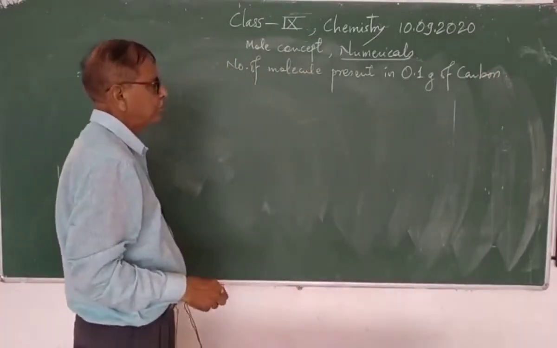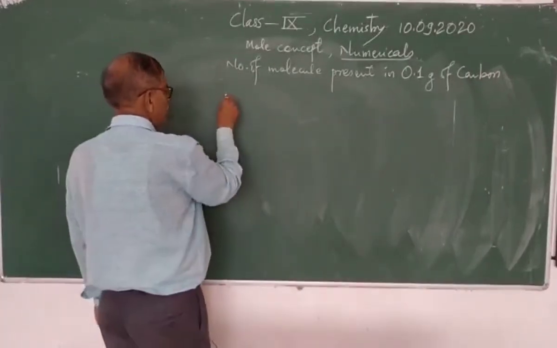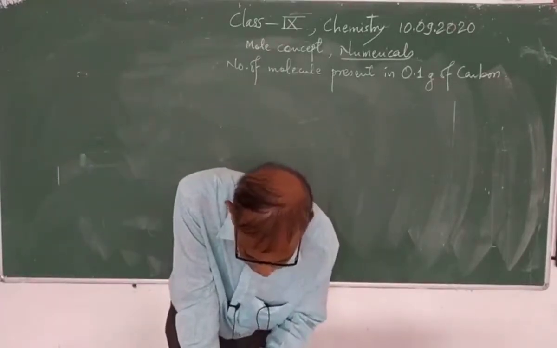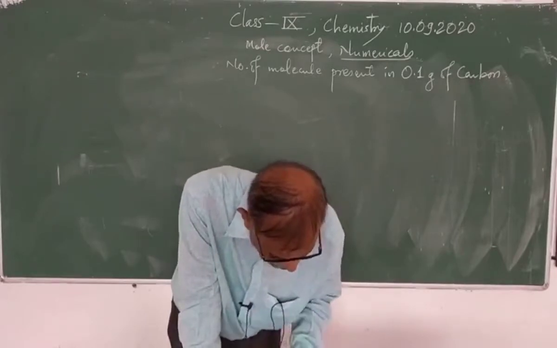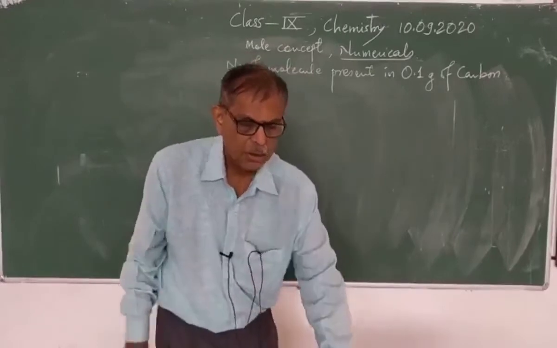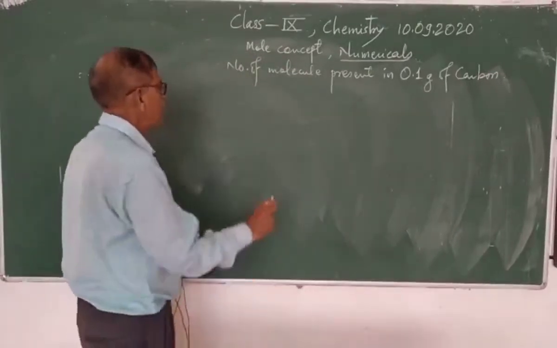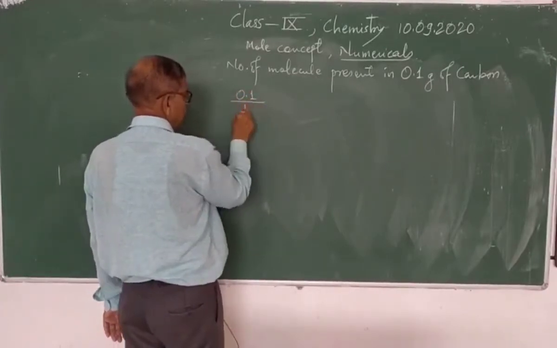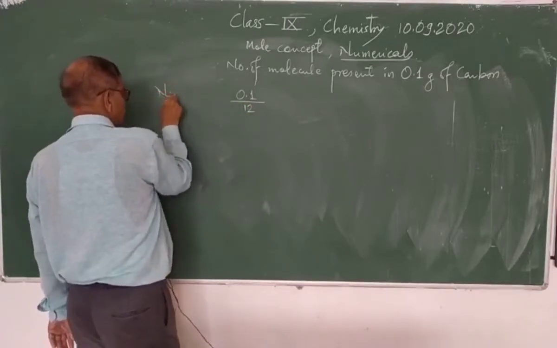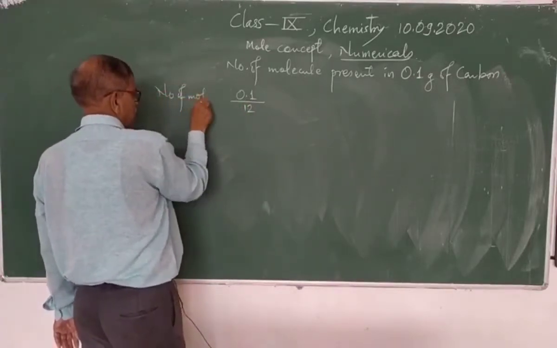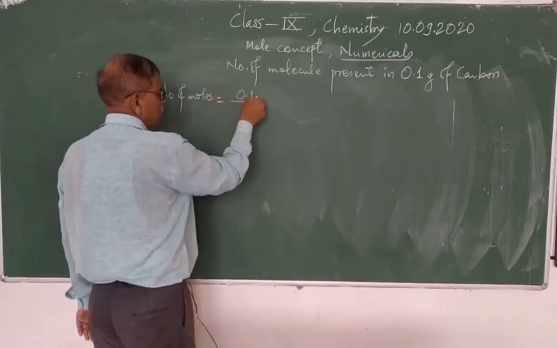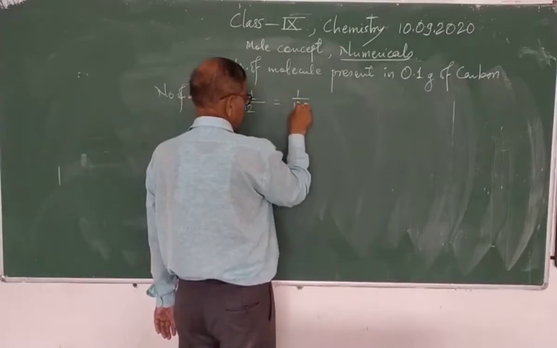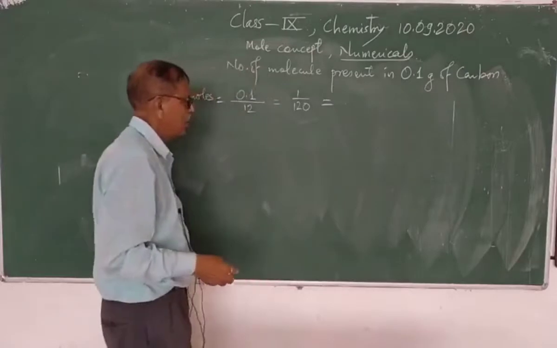Now you have to find out the number of moles. So 0.1 divided by 12, that is the number of gram moles. Number of moles is equal to given mass upon molecular mass. So here 0.1 upon 12, that is 1 upon 120.